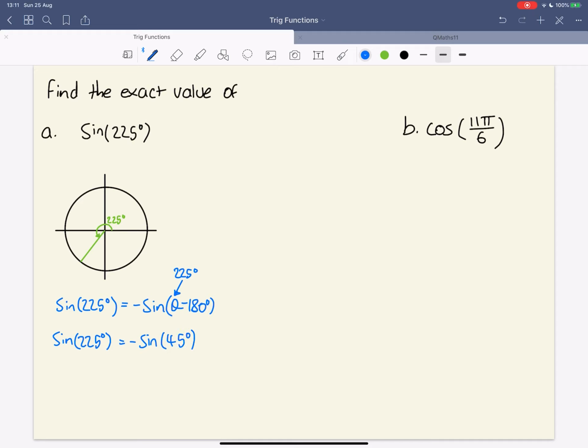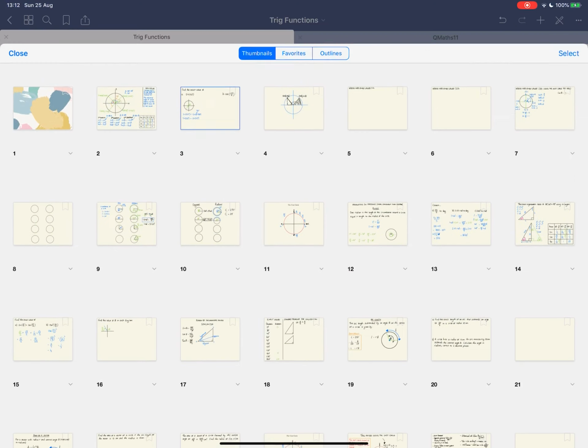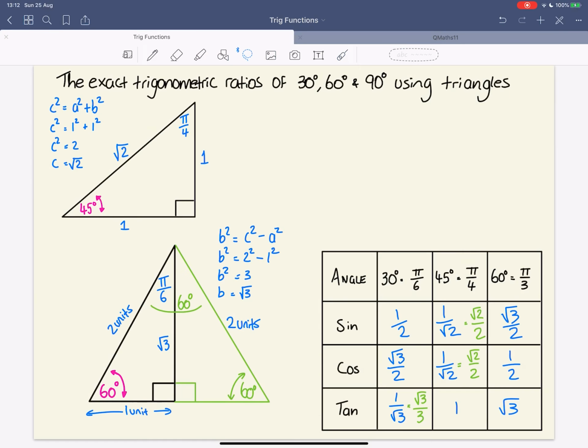Okay. Now, we've got our trusty little table for sine of 45 degrees, and it's just a matter of making our answer negative. So I do believe we've still got our table ready to go. No, that's not there. So let's go ahead and find our table. There it is here from other works. I'll go ahead and copy it.